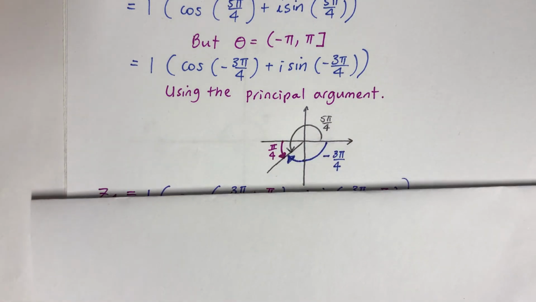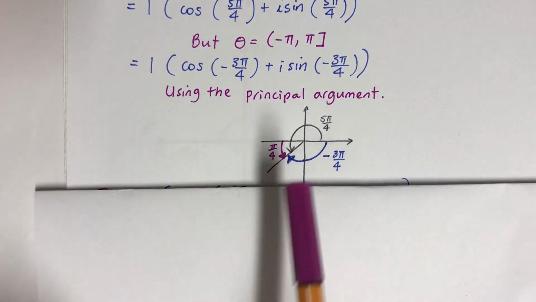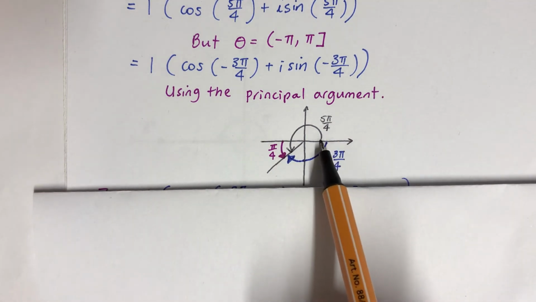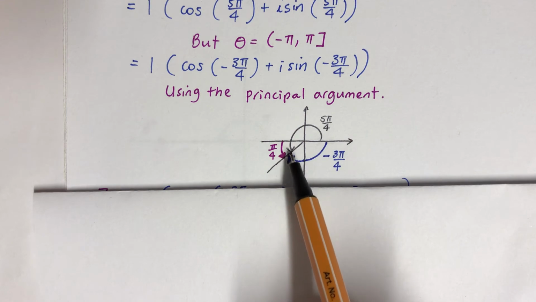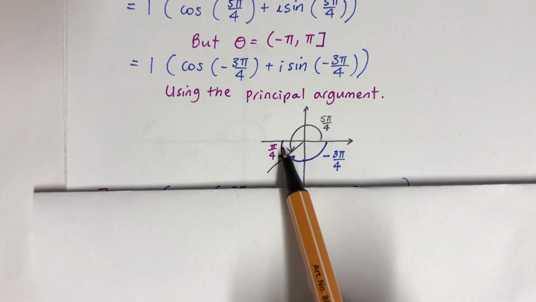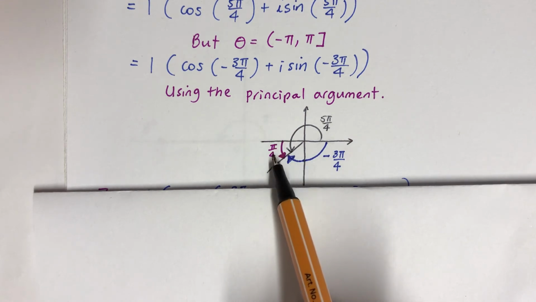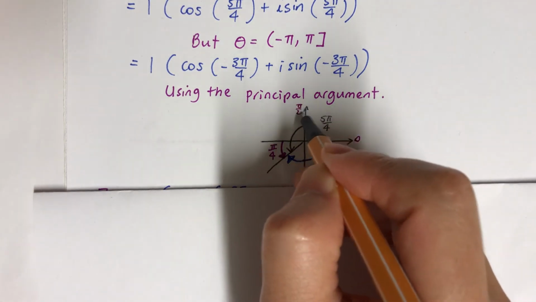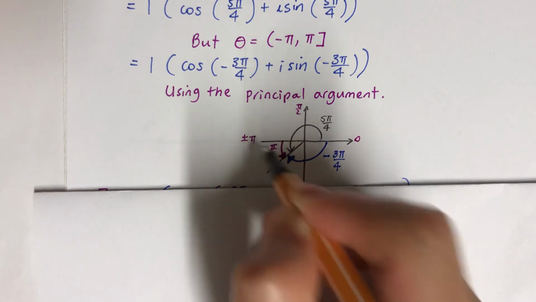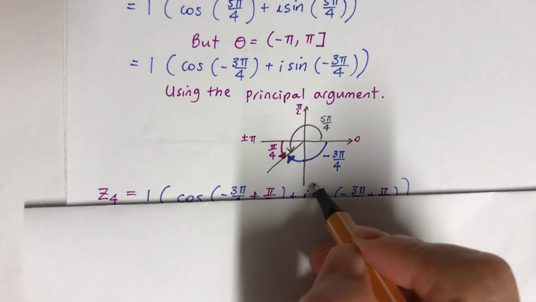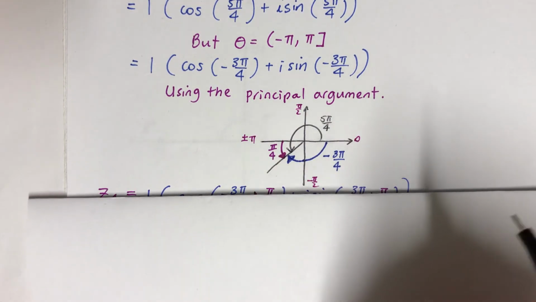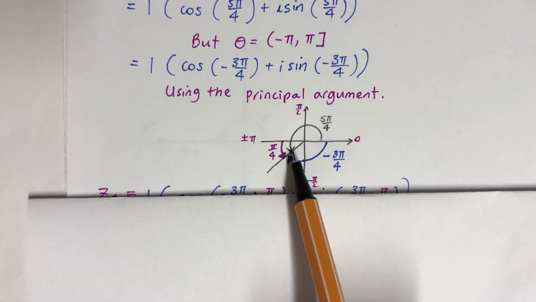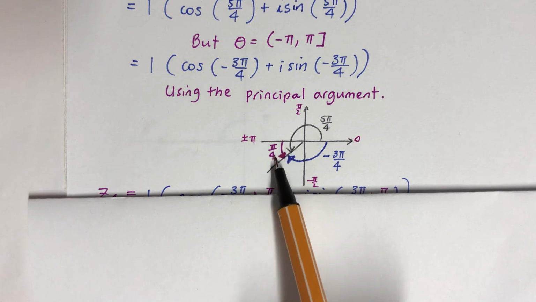If you don't remember, I'll quickly draw the diagram. 5 pi over 4 goes from 0 all the way to the third quadrant, and that little part past pi is pi over 4.